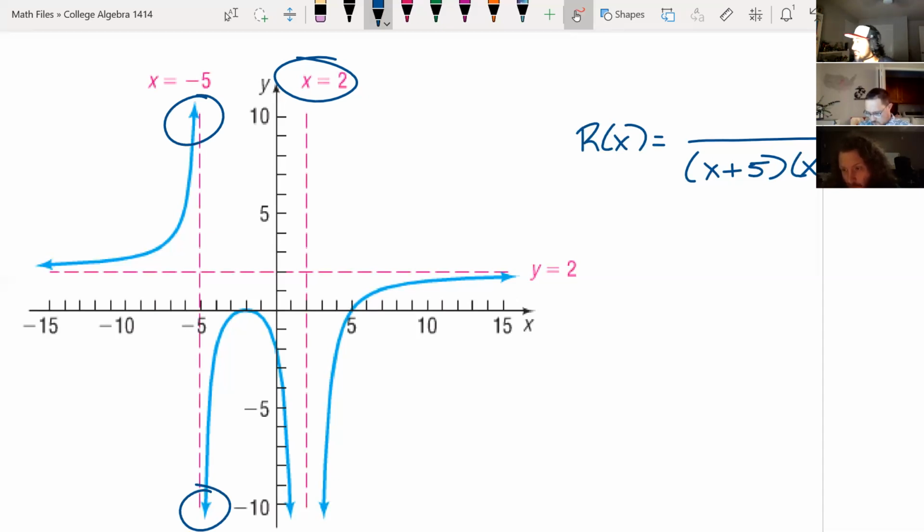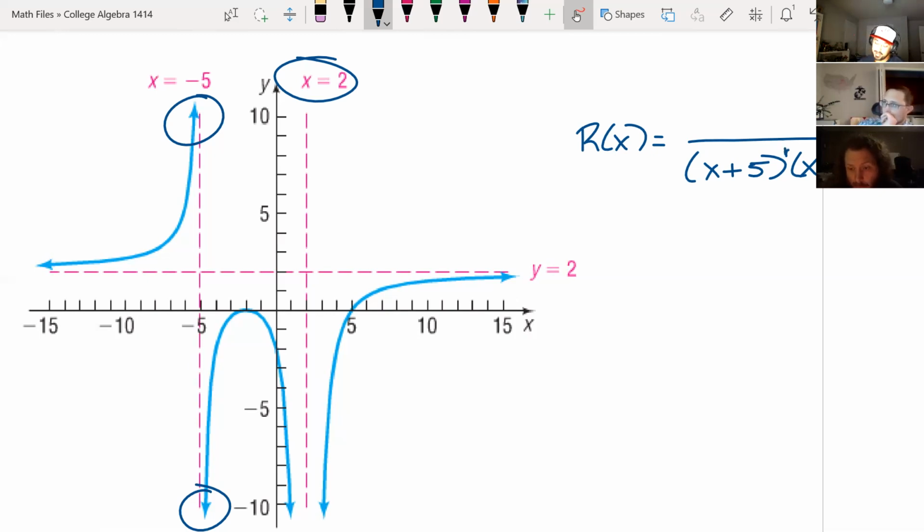This means that x plus 5 would have even or odd multiplicity? It would be odd, right? And what is the smallest odd power? 1. So x plus 5 gets a degree of 1.